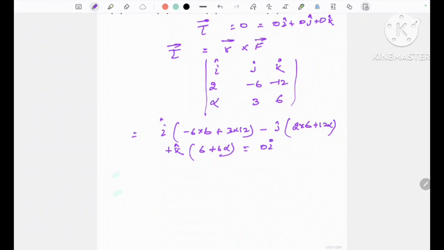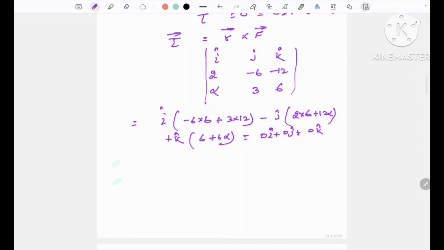This must be 0 i cap plus 0 j cap plus 0 k cap, or 0 i cap minus (12 plus 12 alpha) j cap plus (6 plus 6 alpha) k cap must be 0 i cap plus 0 j cap plus 0 k cap.